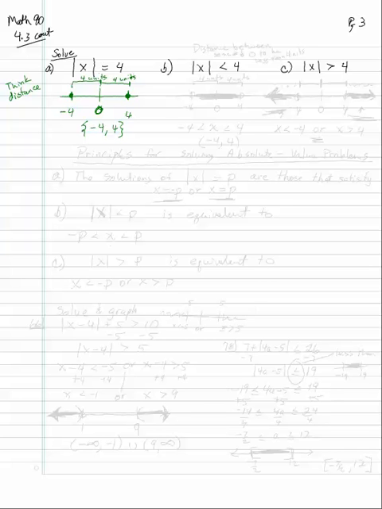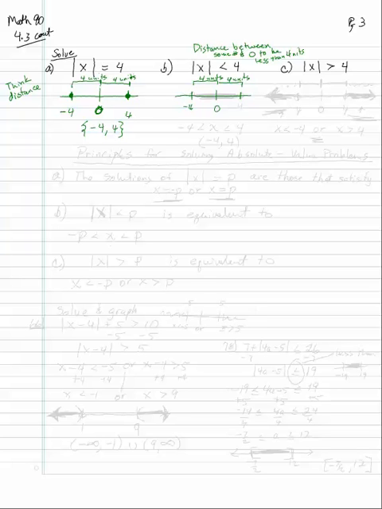Now again, if we're thinking distance, we want the distance between some number and 0 to be less than 4 units. So if we think about our number line again, here's 0, here's -4, which is 4 units away, and here's +4, which is 4 units away.